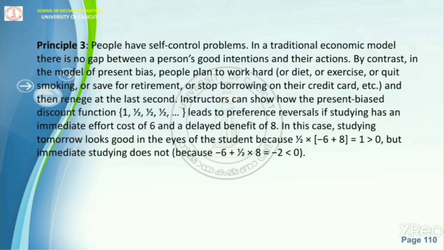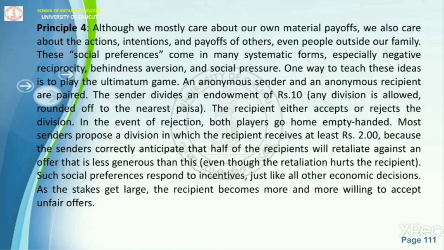In this case, studying tomorrow looks good in the eyes of the student because half multiplied by 8 minus 6 is equal to 1, which is greater than 0. But immediate studying does not, because minus 6 plus half multiplied by 8 is equal to minus 2, which is less than 0.